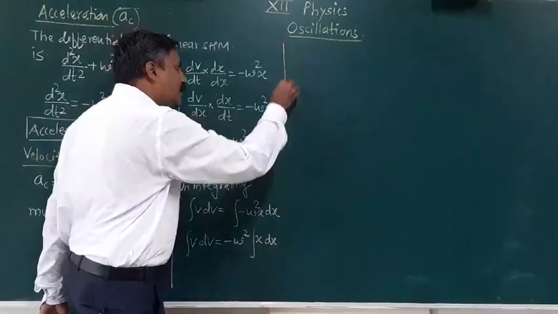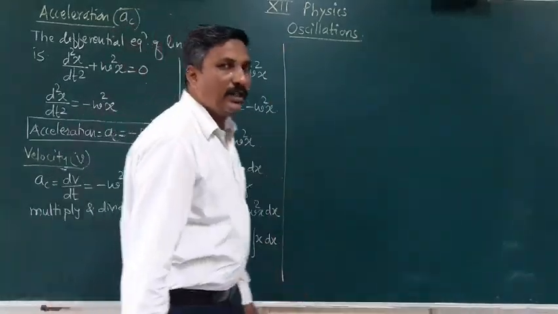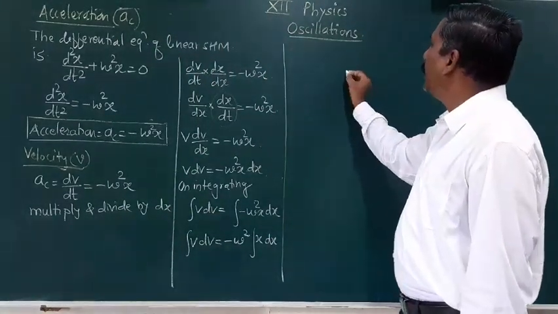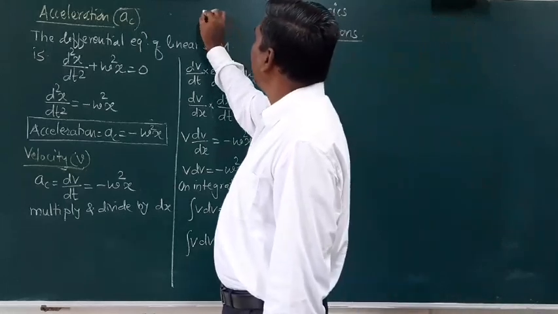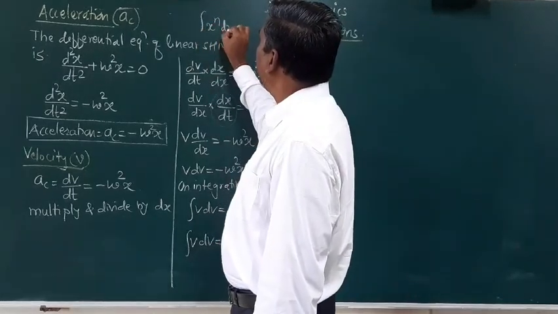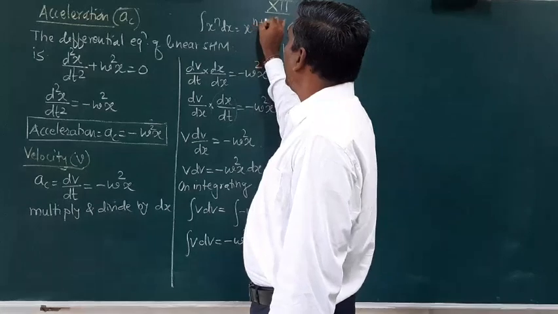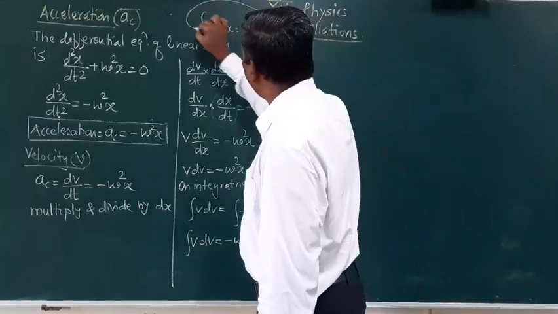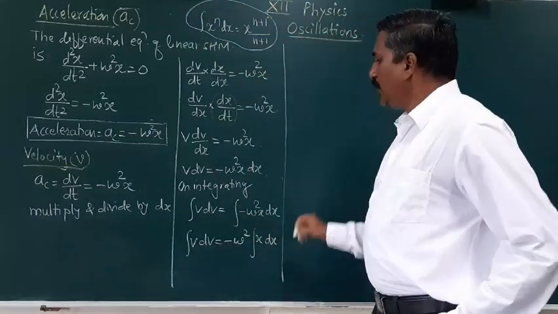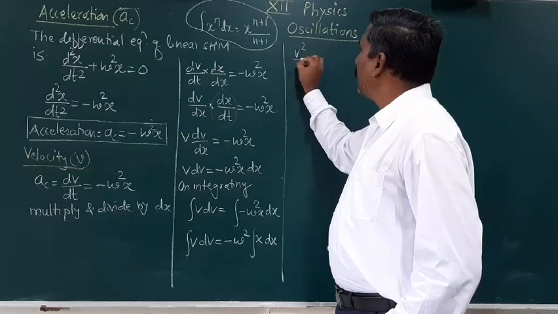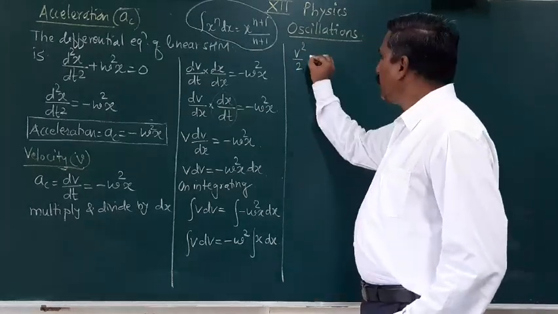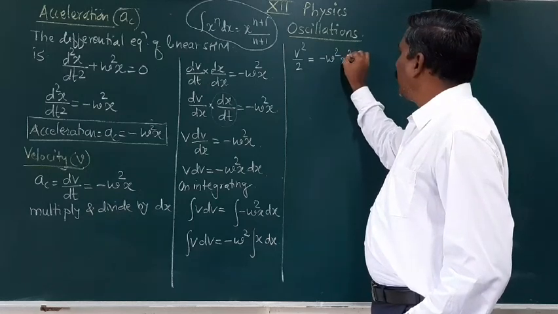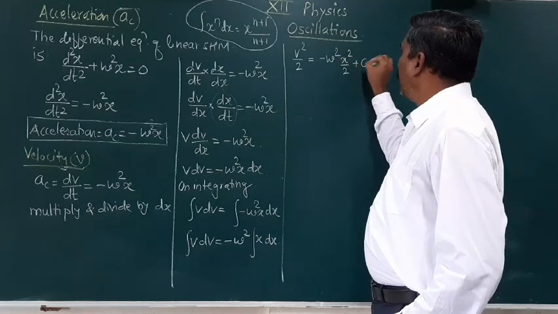Again we require the simple general formula for integration. What is the integration of x raised to n? Integration of x raised to n dx equals x raised to n plus 1 divided by n plus 1. I am using this formula here. So integration of v dv is v square by 2 equals minus omega square, integration of x is x square by 2, plus c.